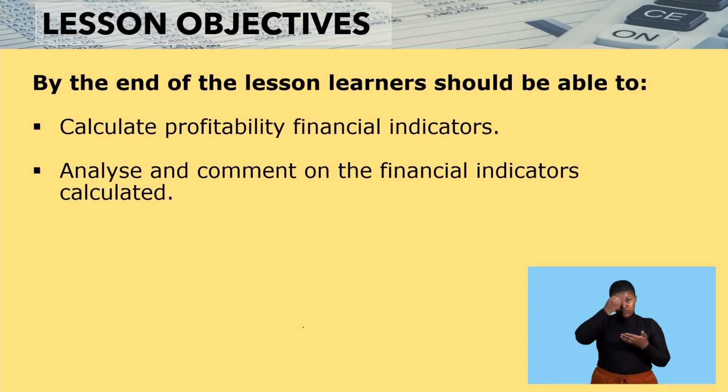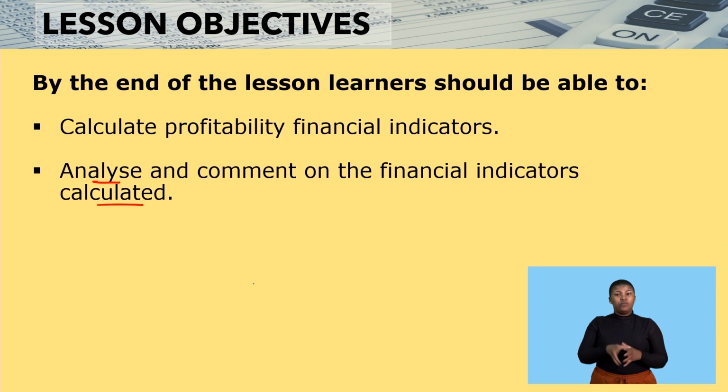Here are today's lesson objectives. By the end of the lesson, you should be able to calculate profitability financial indicators. You should also be able to analyze and comment on the financial indicators calculated.